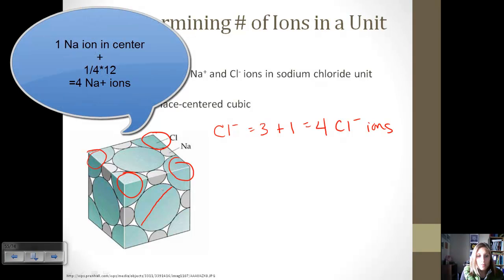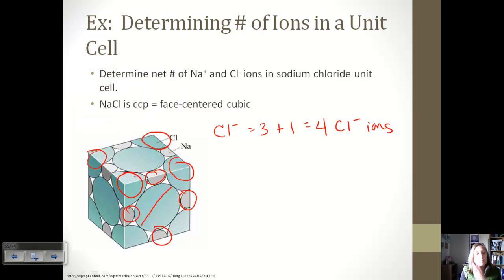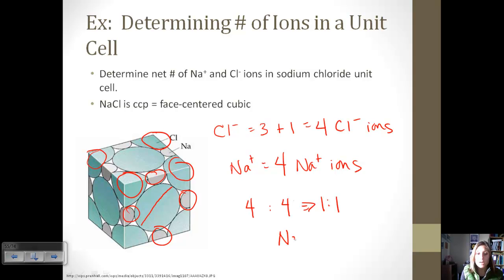On each face we have 1, 2, 3, 4, and we want to make sure that we don't double count. Basically, if you count all of these up, you're also going to get 4 sodium ions. And since we have 4 chlorine ions to 4 sodium ions, our ratio is 1 to 1, which justifies the compound being NaCl, in that 1 to 1 ratio.